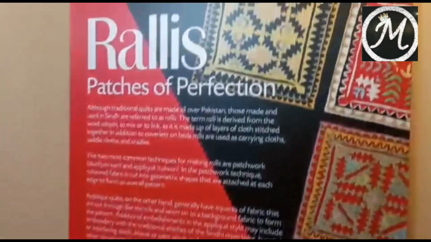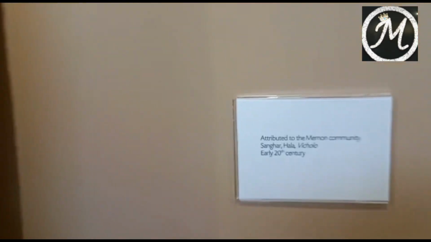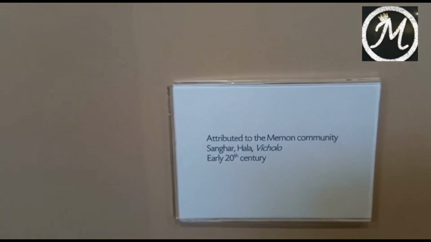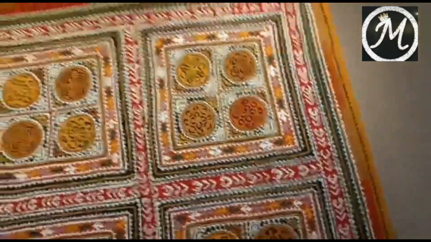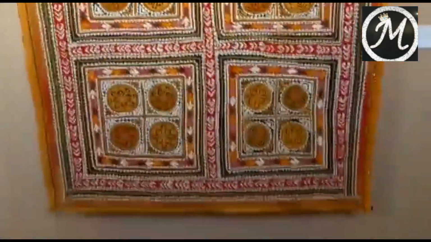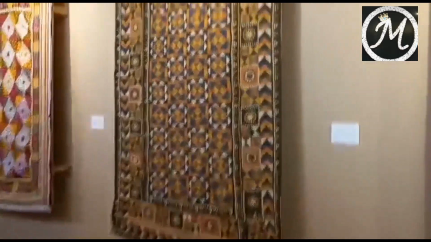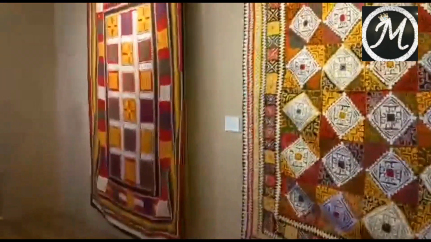This says a little bit more description about rillis, and mostly some people make rillis where they take pieces and patch them up together to make one whole sheet. All of these look very nice and beautiful, and each is very colorful.